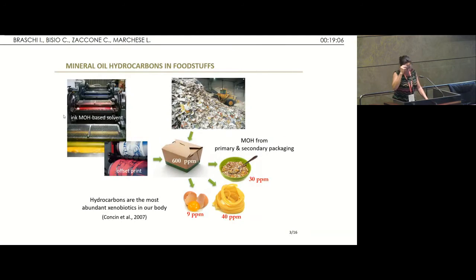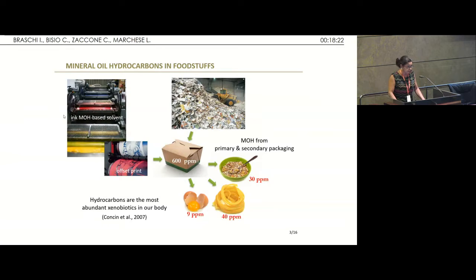So, what's the problem of the mineral oil hydrocarbons? The problem is due to the presence of this mixture of contaminants in food. The reason why these molecules are in food is because they migrate from the cellulose-based packaging to food by volatilization, and these solvents are used just to transfer the pigments on the cellulose-based packaging.